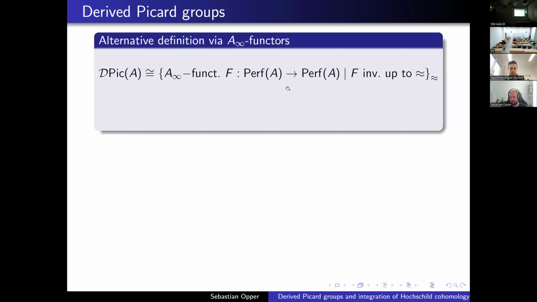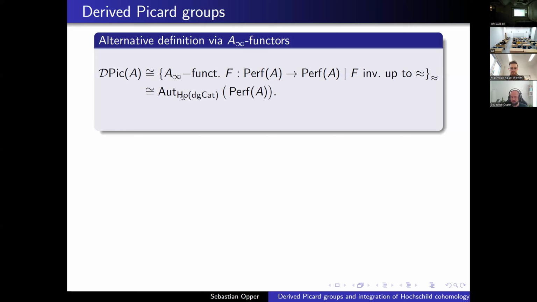And there's a more concise way to write this down if you use some model categories. The category of all small DG categories forms a model category, and then you can take its homotopy category. If you take the genuine automorphism group in the homotopy category of the perfect complexes, which live inside of this because it's a DG category, then the derived Picard group is just this automorphism group.